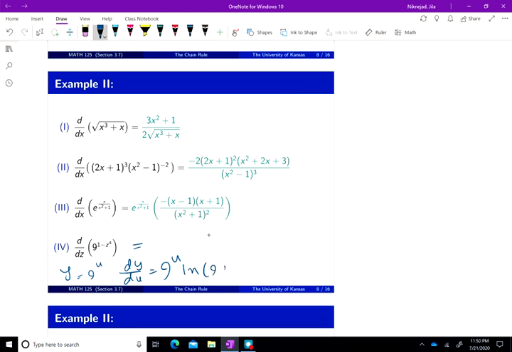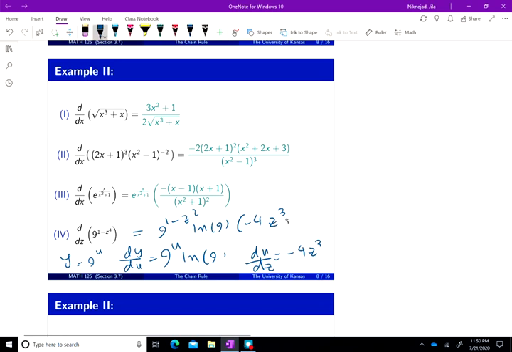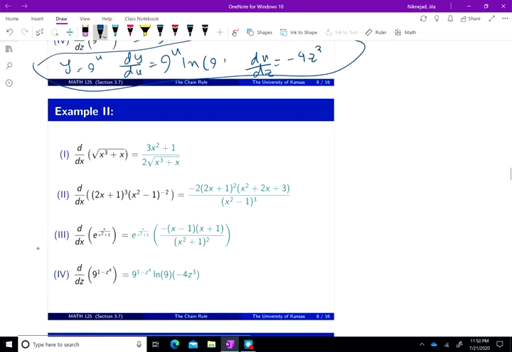So that's what you write, and then du dz is going to be negative 4 z to power 3. And so the entire thing becomes 9 to power 1 minus z to power 4, which is u, natural log of 9, times negative 4 z to power 3. Parentheses closed. These are the side notes. That's the answer.